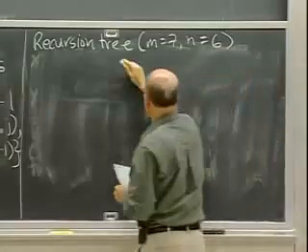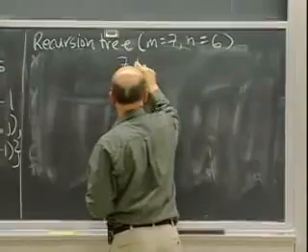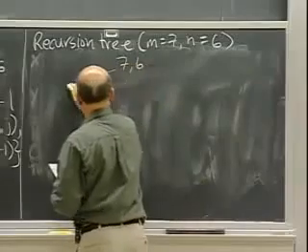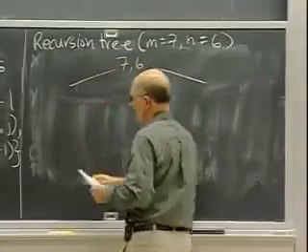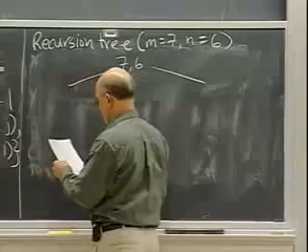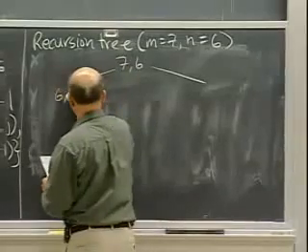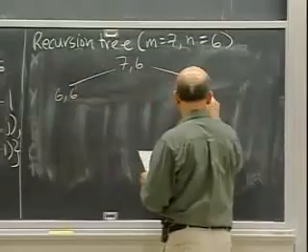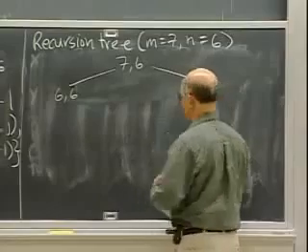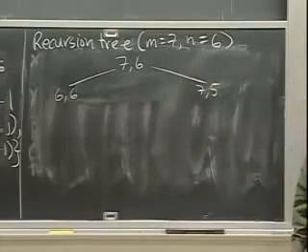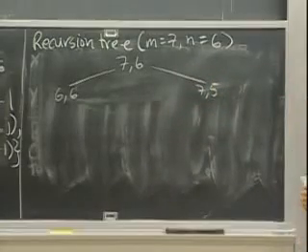We start out at the top with my two indices being 7 and 6. Then in the worst case, we have to execute these. So this is going to end up being 6, 6, and 7, 5 for the indices after the first call.